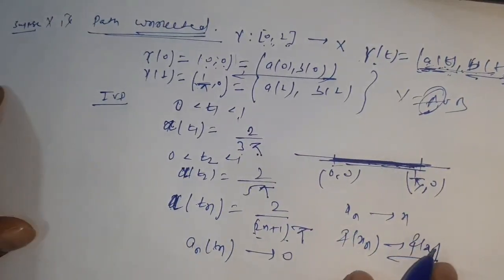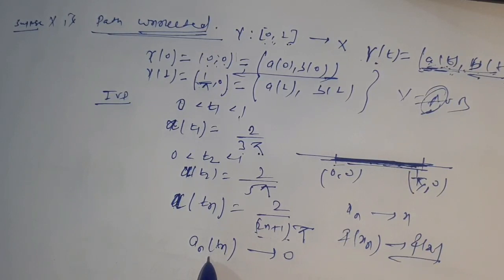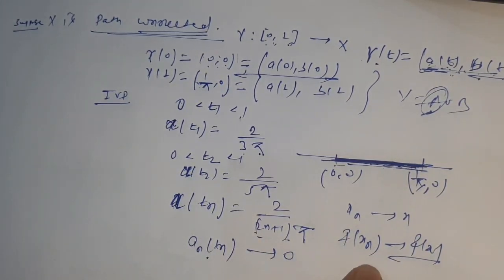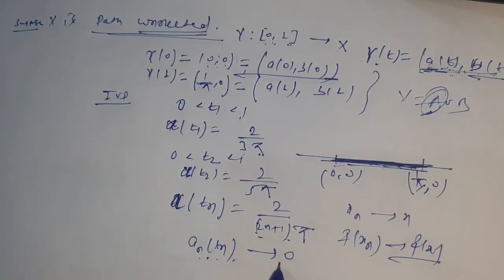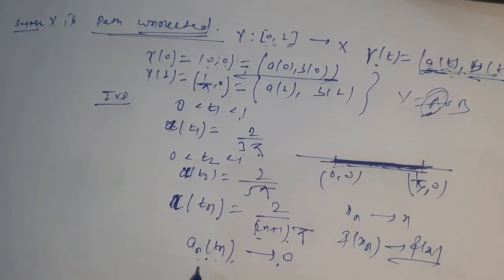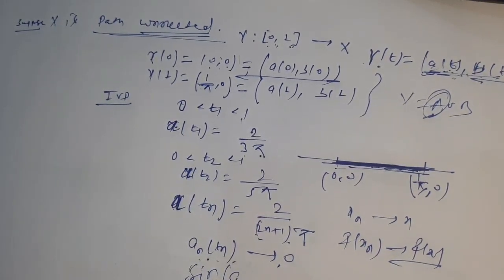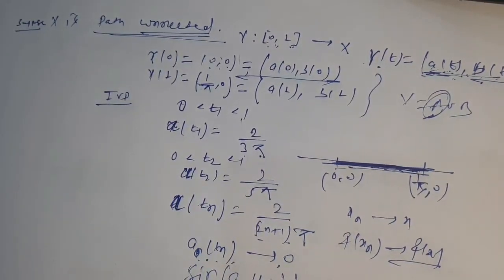So this is the domain of sine 1 by x, and sine 1 by x is continuous. So we apply the sequence, decreasing and convergent to 0. Then if you apply sine to a t n, it should converge to sine 0.